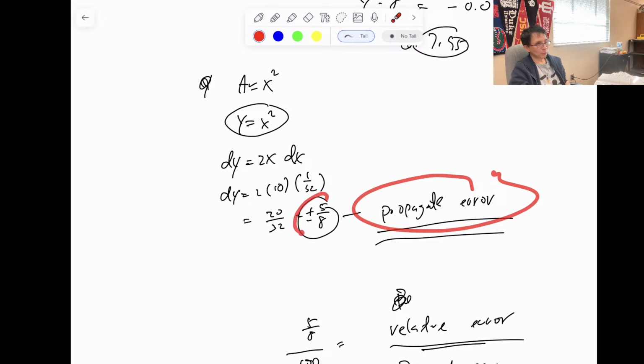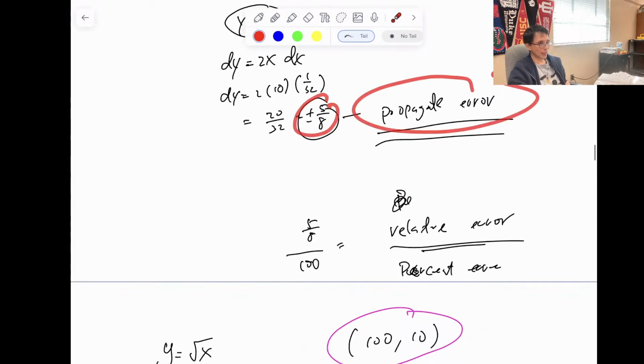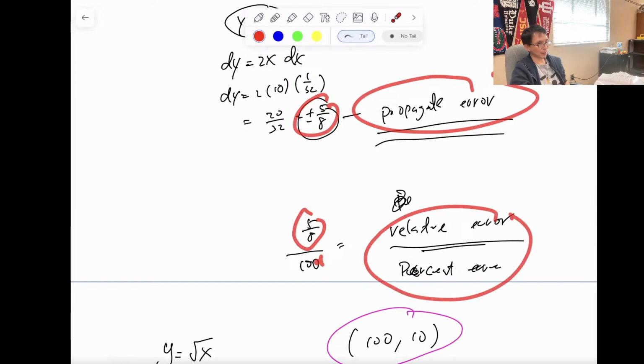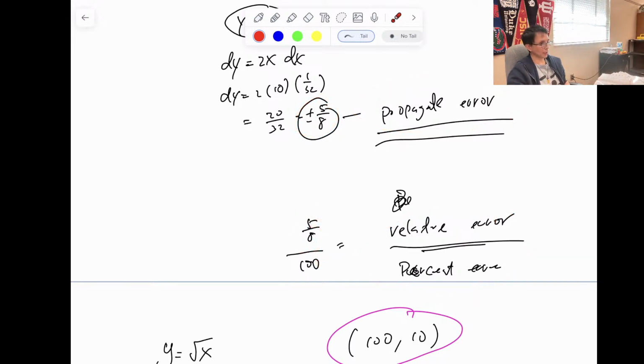Now, if you take this propagated error, sometimes the question asks you a different way. They ask you for percent error. You're going to take 5/8 divided by 100. Why 100? 100 is the total area, because 10 by 10 is 100. So you can say 5/8 over 100, and they will give you a percent error.